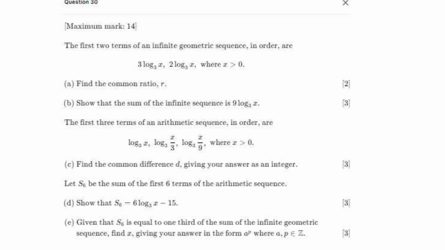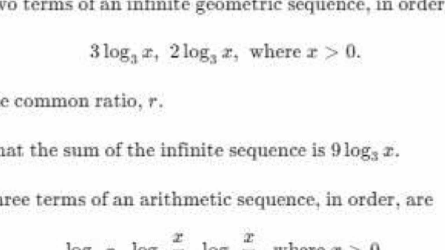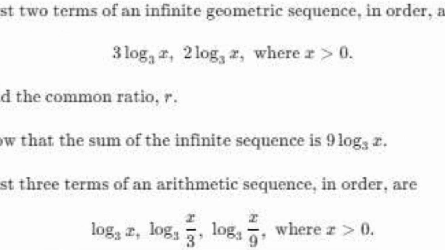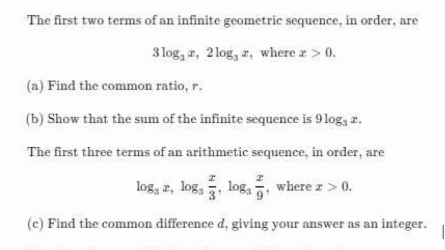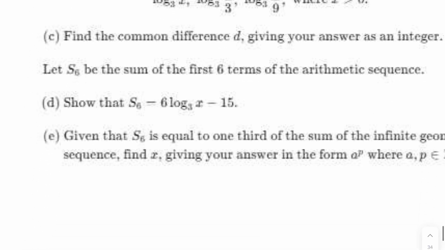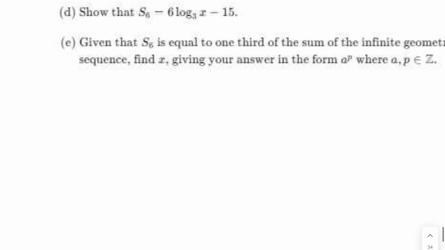Coming to question number 30. The first two terms of an infinite geometric sequence are, in order, 3 log x to the base 3 and 2 log x to the base 3, where x is greater than 0. Find the common ratio. We know that the common ratio r equals u2 upon u1, which is second term upon first term.